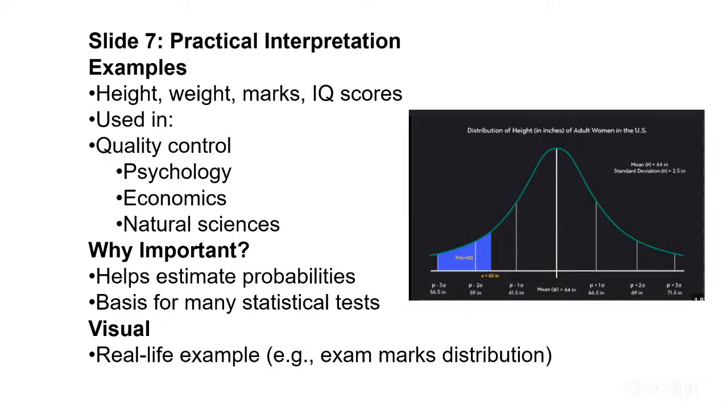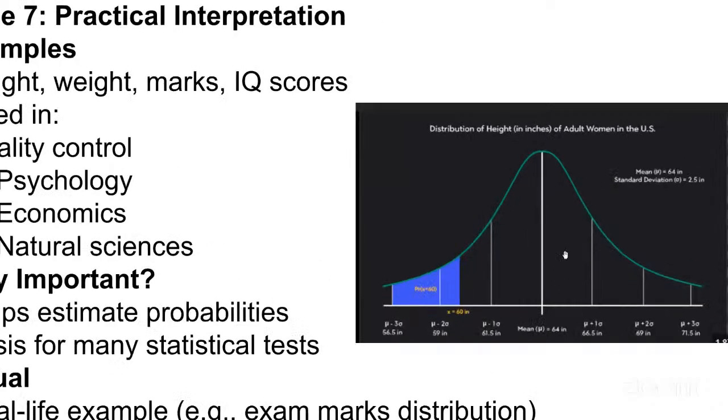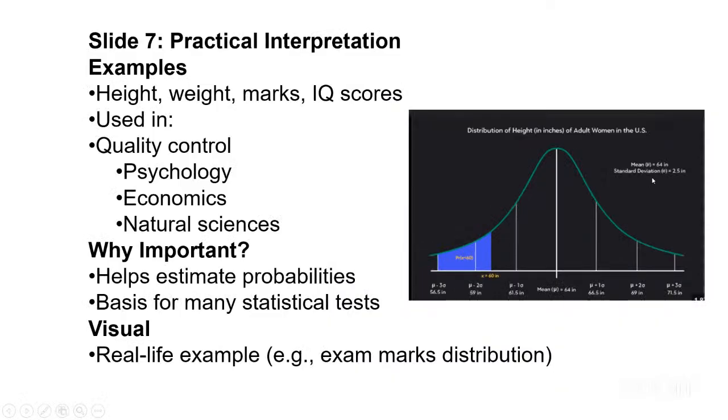Here is a real life example: the distribution of height of adult women in the US. Is this picture visible? Yes, visible. Okay, so the parameters are mu and SD.